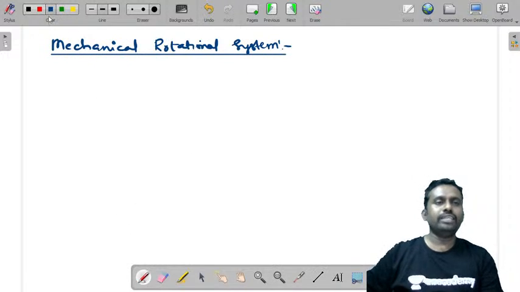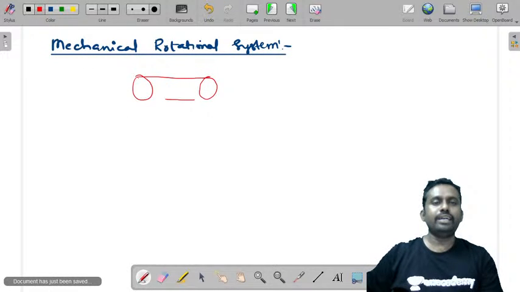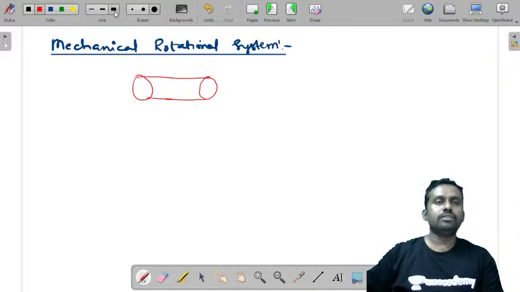So a mechanical rotational system will have a rotating part, and you'll have some input and there is some output.